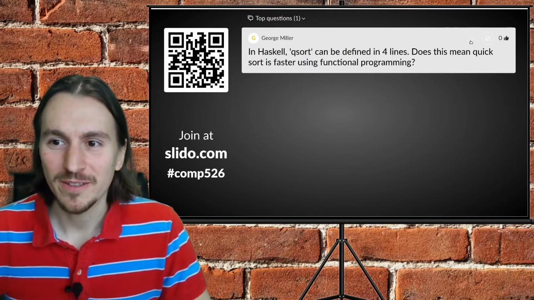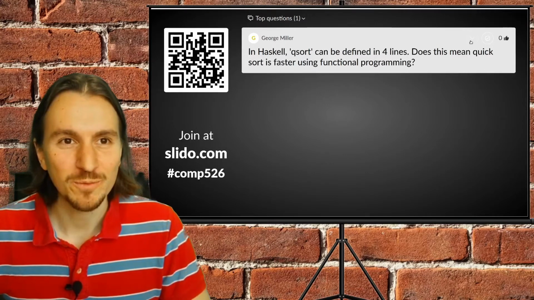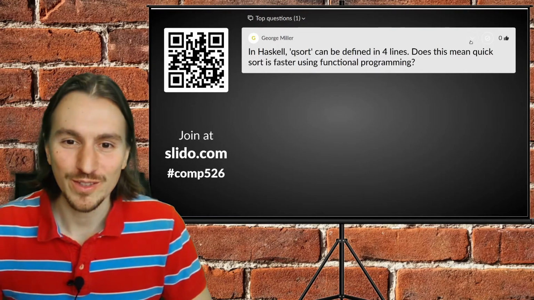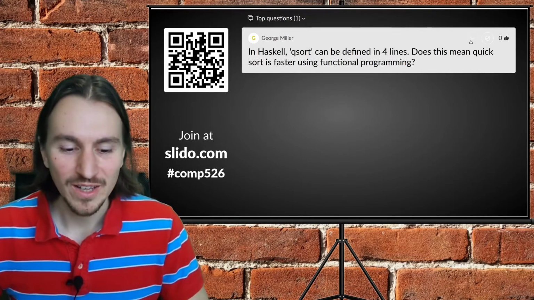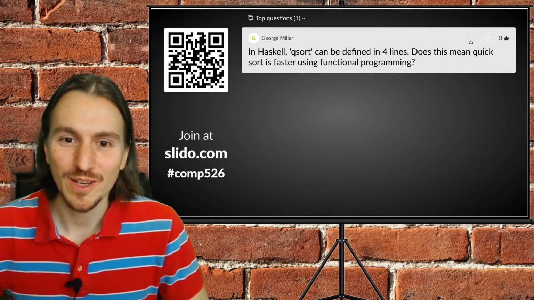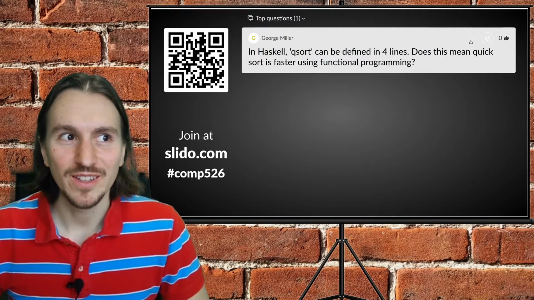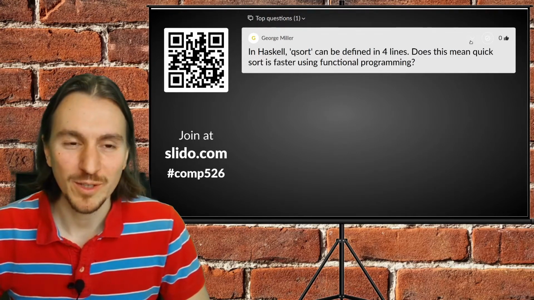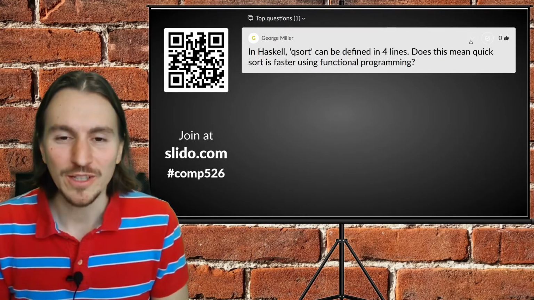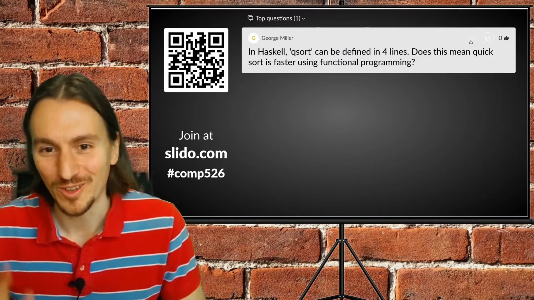I don't think it necessarily means that it's faster in functional programming languages, because to give you this convenience to be able to specify it in just a few lines, functional programming languages have a larger body of things going on below. And whether or not that's faster depends on a lot of things. In particular for sorting, which is generally an easy problem, it's fast almost no matter what you do, almost.